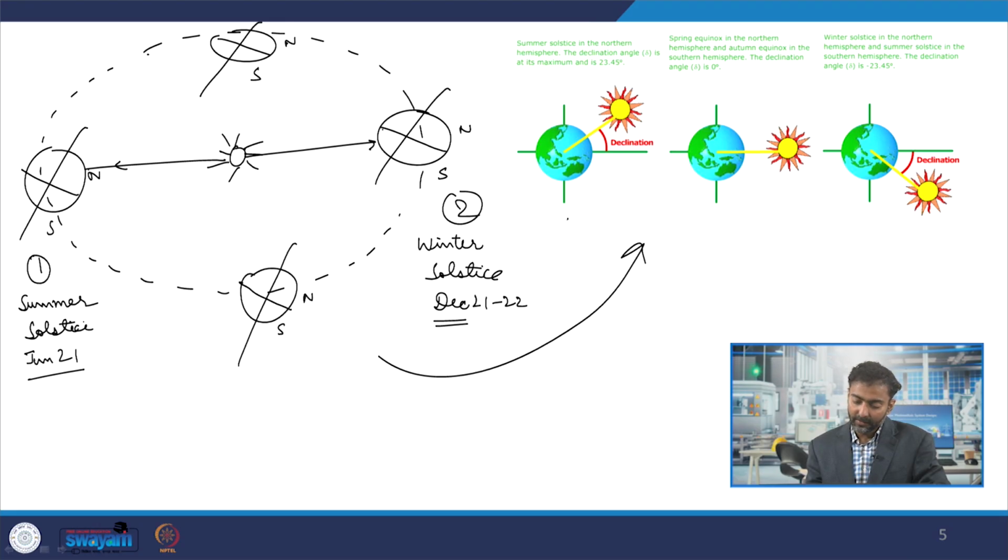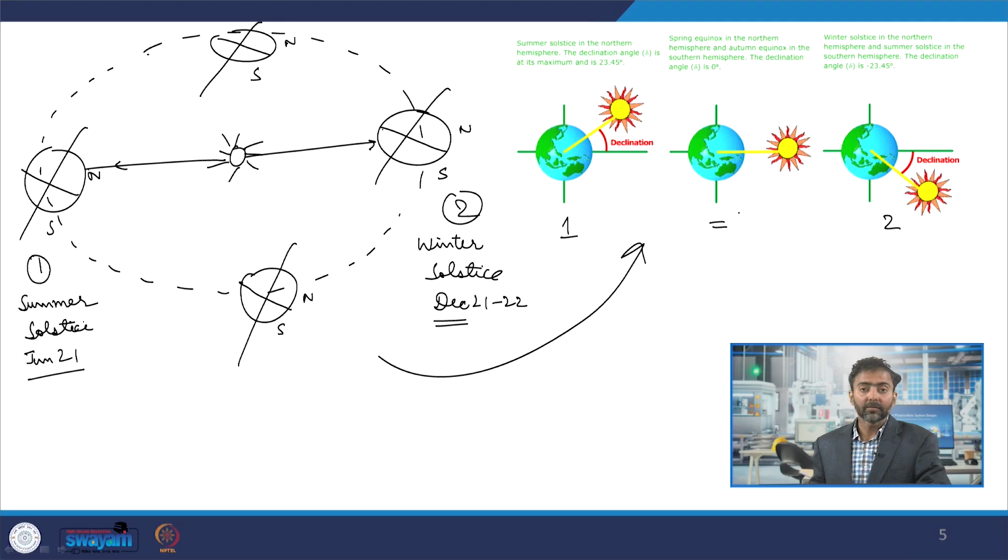This is position 1, which is the summer solstice, when the sun is at the northernmost point with respect to an observer on the Earth in the northern hemisphere. And this is position 2 or the winter solstice, when the sun is at the southmost point with respect to an observer in the northern hemisphere. And in between you have the equinoxes, where the sun is directly over the equatorial plane.